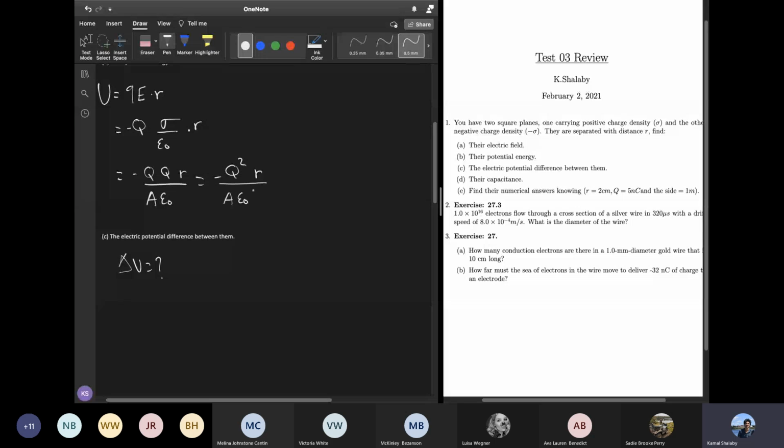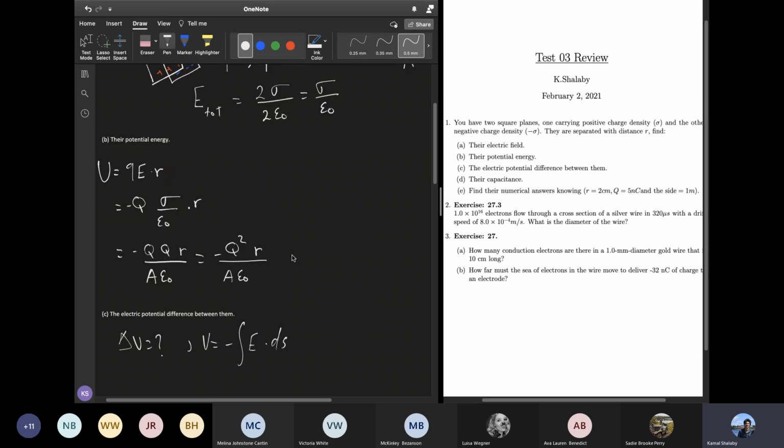What is V in general equal to, or delta V in general is equal to? Field times distance. Yes, you can put it as the negative of the electric field, the integral of ds.